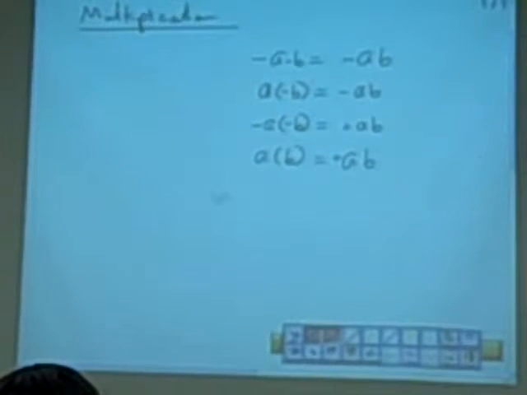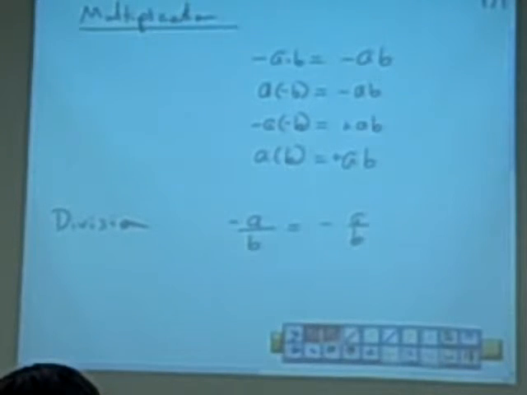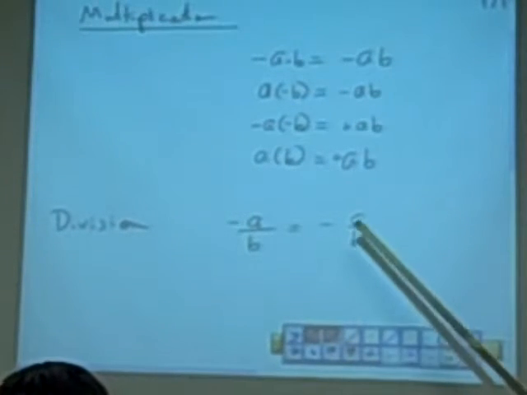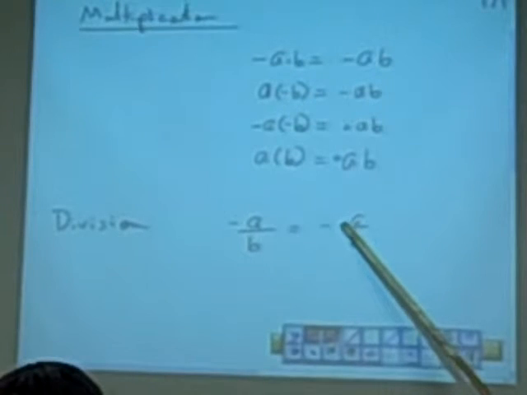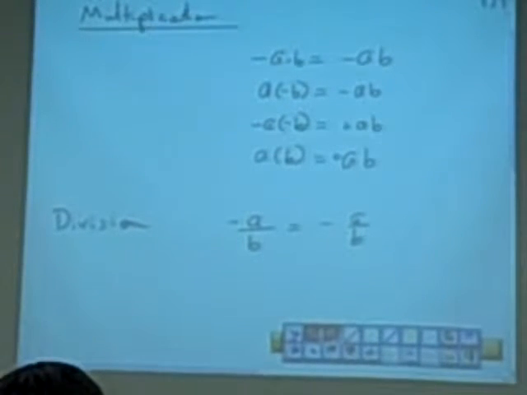Now for division, if we have a negative a over a positive b, then you have a negative a over b. And the negative can be off to the side like this, or it can be up in the numerator. It just can't be down in the denominator. And if we have a positive a and a negative b, then we still have a negative a over b.